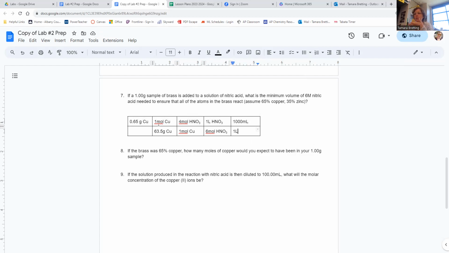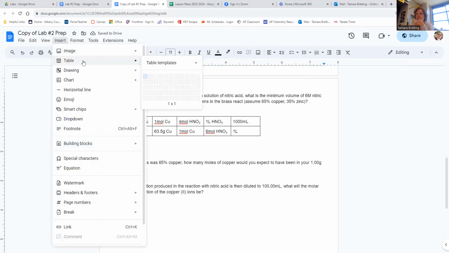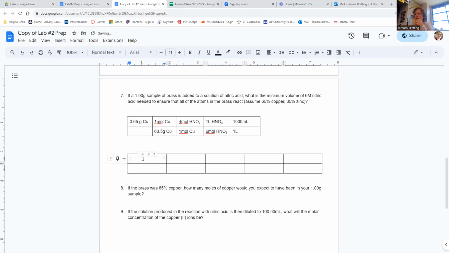But remember, we also have some zinc in there. We have 35% zinc, so I'm going to do another problem for the zinc. Okay, so insert 5 columns here. But not 0.65 grams.